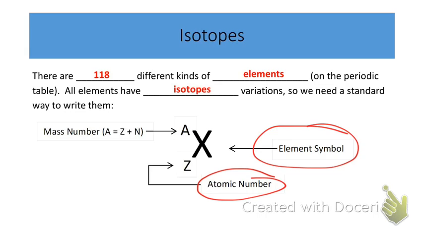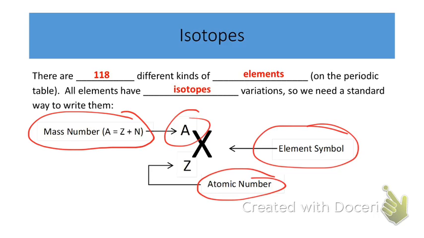And then up here we have the mass number. So the mass number symbol is A. And what exactly is the mass number? Well, we basically take Z, which is the atomic number, and we add that number to the number of neutrons. So you can essentially say that the mass number is the number of protons plus the number of neutrons. And that gives us what A is.